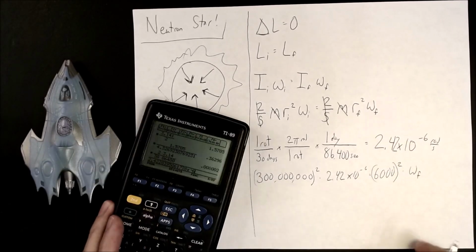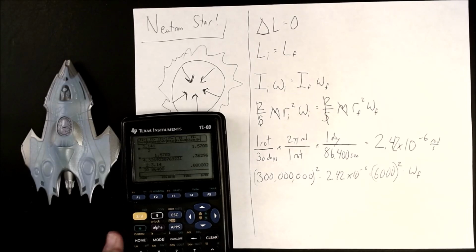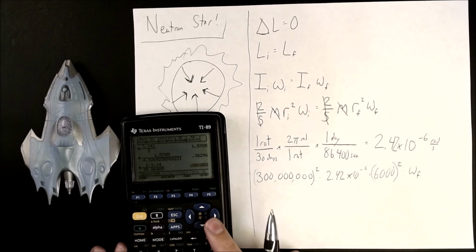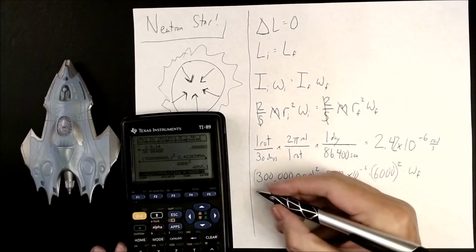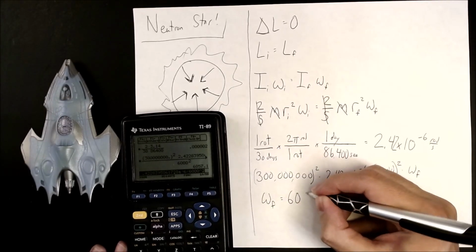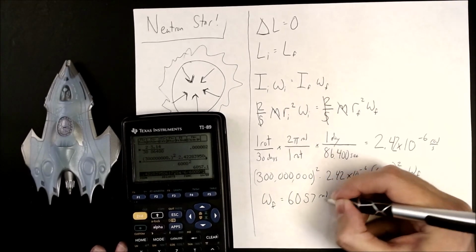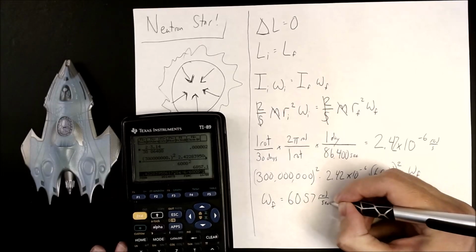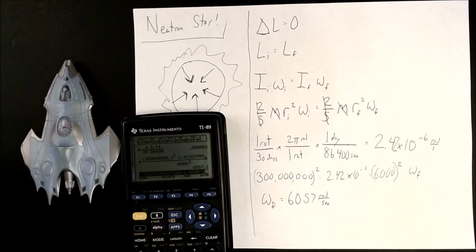We can plug this into our calculator and solve for omega final. 300 times 10 to the 6, all that squared, times this original thing divided by 6,000 squared gives us omega final of 6,057 radians per second. Is that fast?